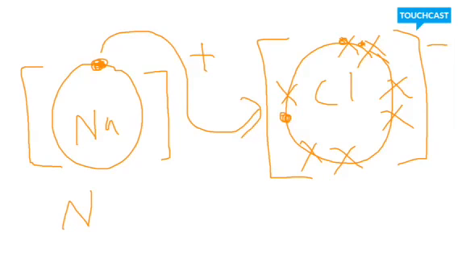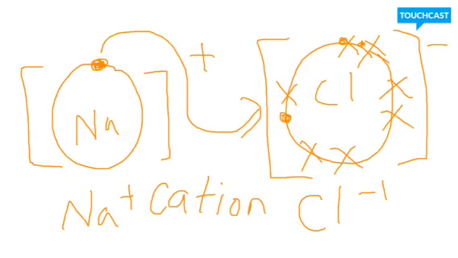So this one becomes Na+, and this one becomes Cl-. If you remember from the previous video, we call this a cation, and this is known as an anion.